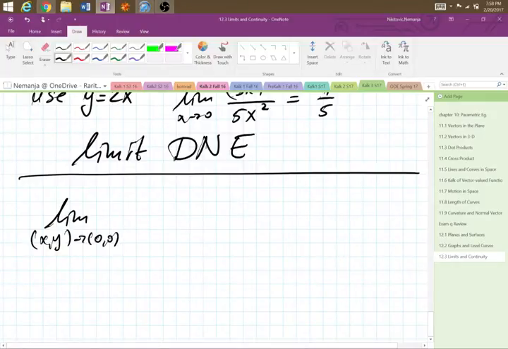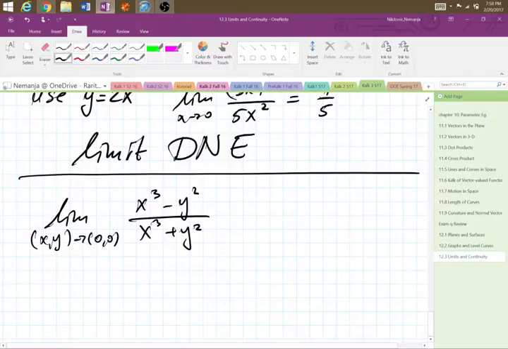Limit as x, y goes to 0, 0 of y cubed minus x cubed minus y squared divided by x cubed plus y squared. So look for 2 paths. See what happens. I'll be right back.